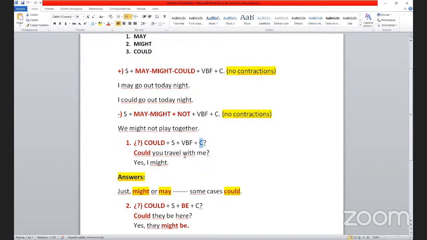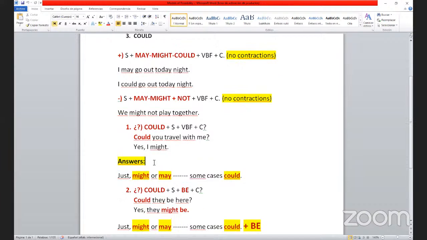The first kind is with just could and any other verb in base form, like here, could you travel with me? Yes, I might. My answers are always with might or may. We never answer with could. Of course we can, but it's not really common.